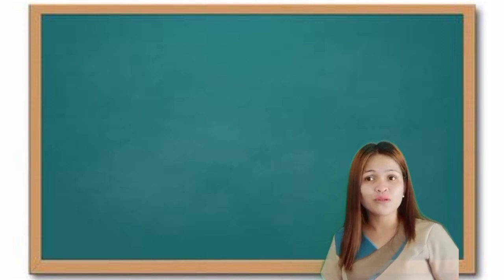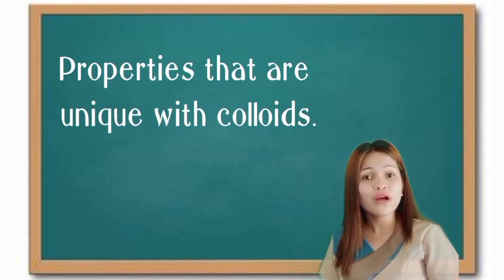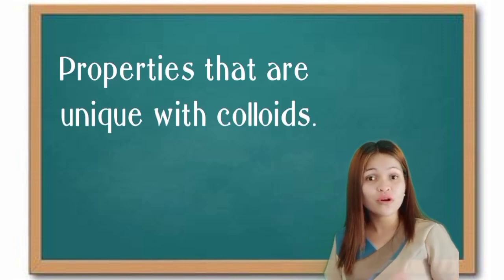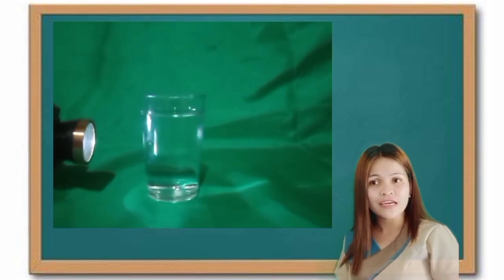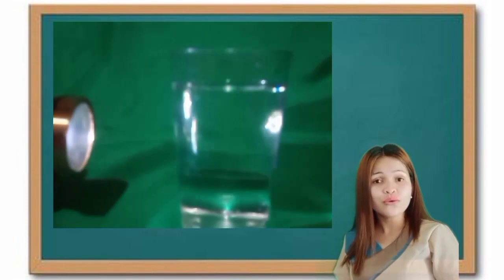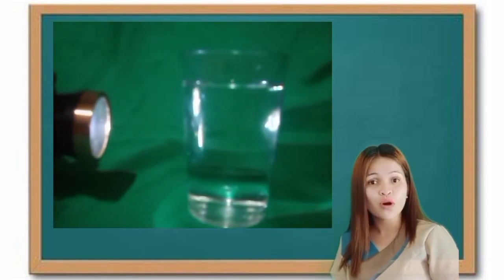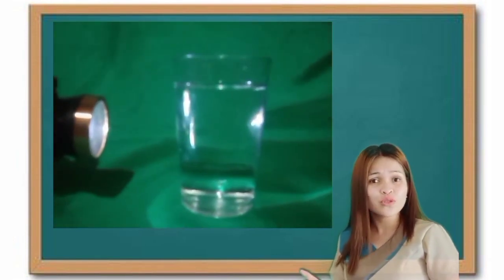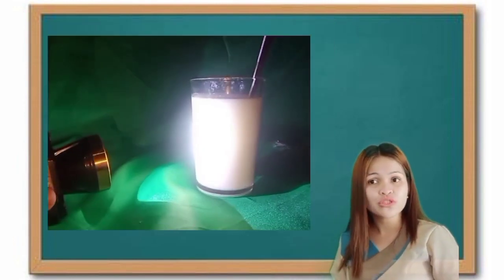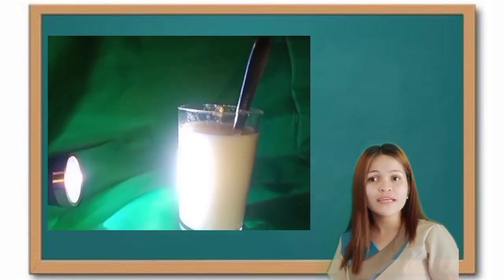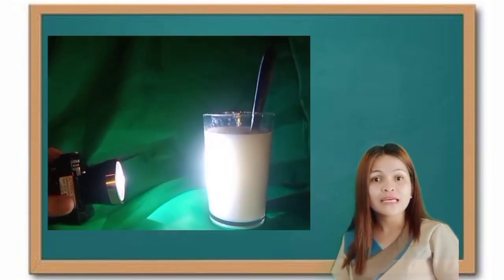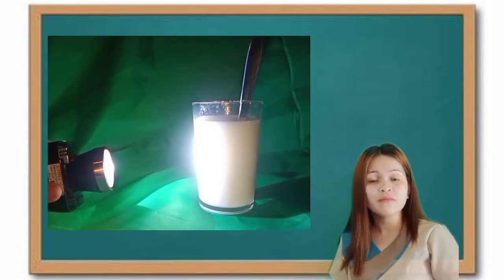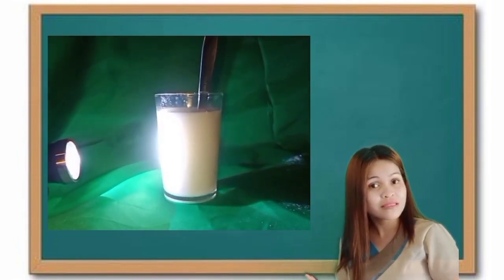It is difficult to tell, but there are properties that are unique to colloids. For example, I have here a flashlight to shine light through the side of a glass of water. What do you see in the glass? How about if I use this flashlight to shine light through the side of a glass of milk? Can you see a beam of light through the glass?